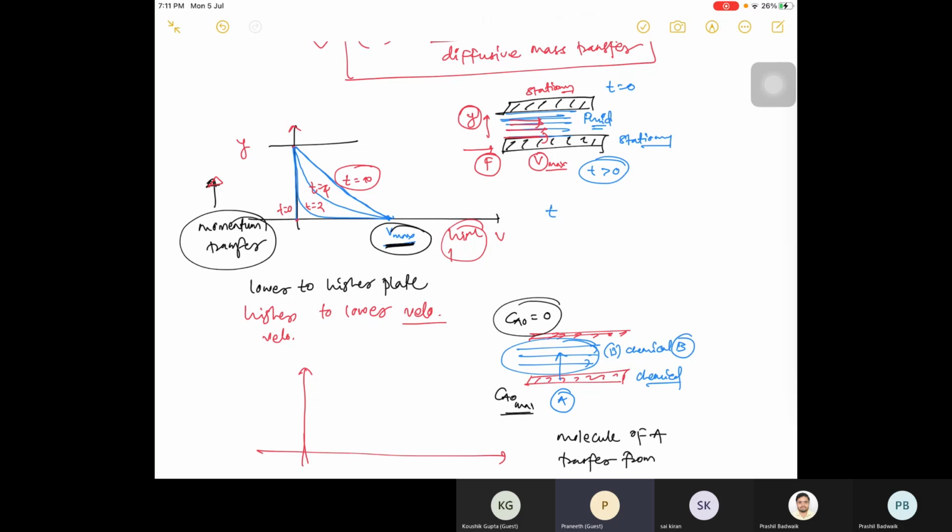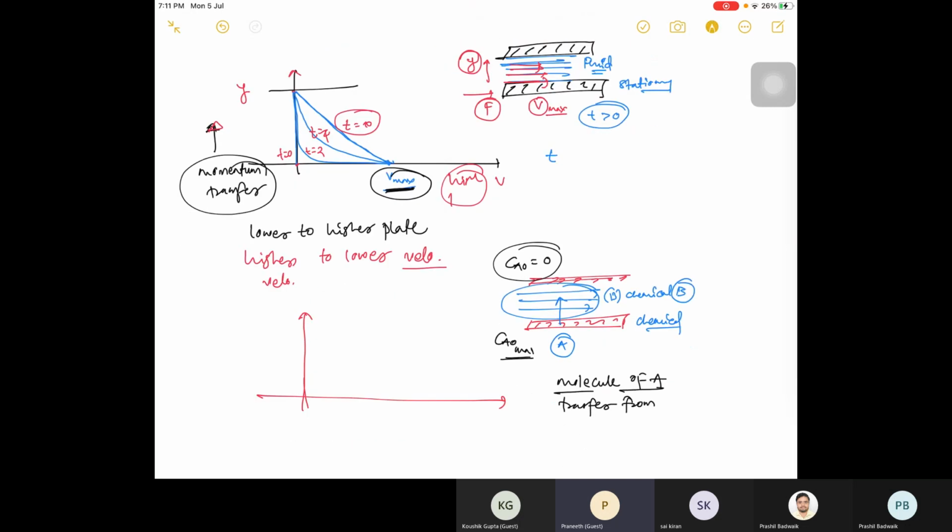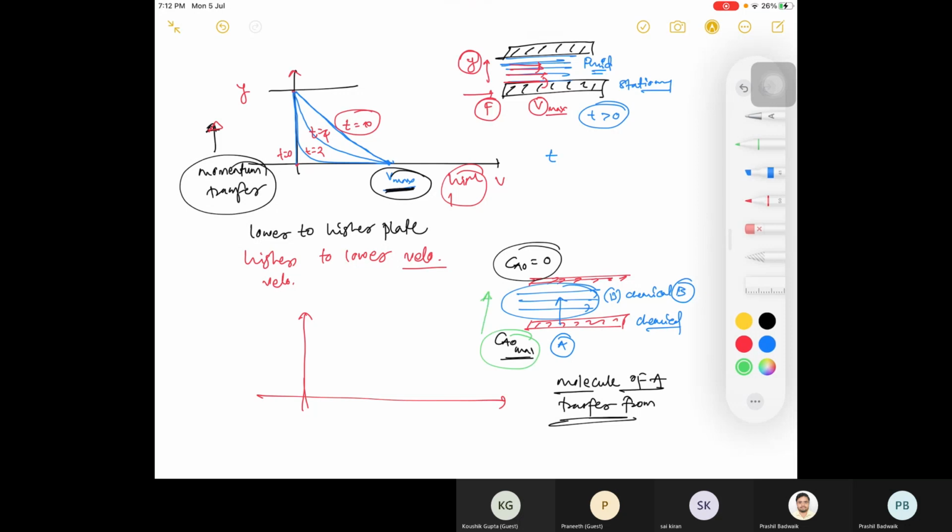So there will be transfer of molecules of A from higher concentration to lower concentration, right? So at time t is equal to 0, you will be having this profile. This is Y. This is your concentration, right? This is at time t is equal to 0. As time increases, you will be having this kind of profile.